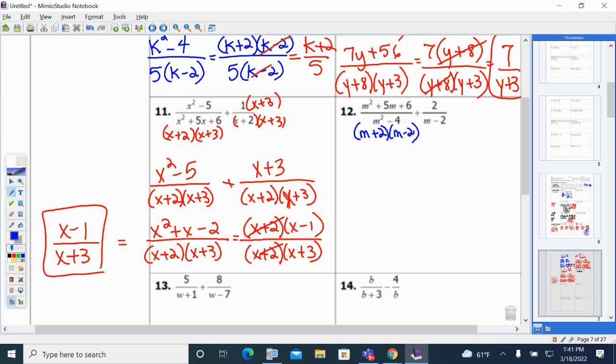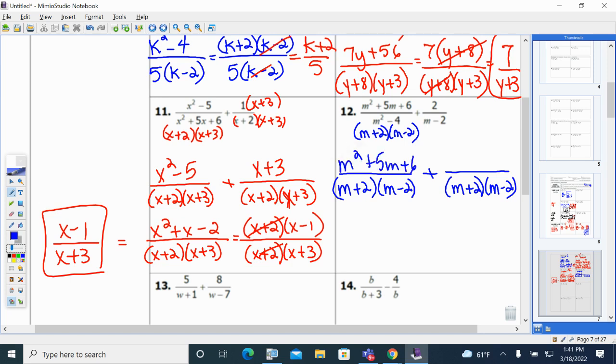Now looking at the two denominators, I can see that my common denominator is going to be the m plus 2 and the m minus 2. The first fraction, again, is not going to change, so I'm going to bring down that numerator.